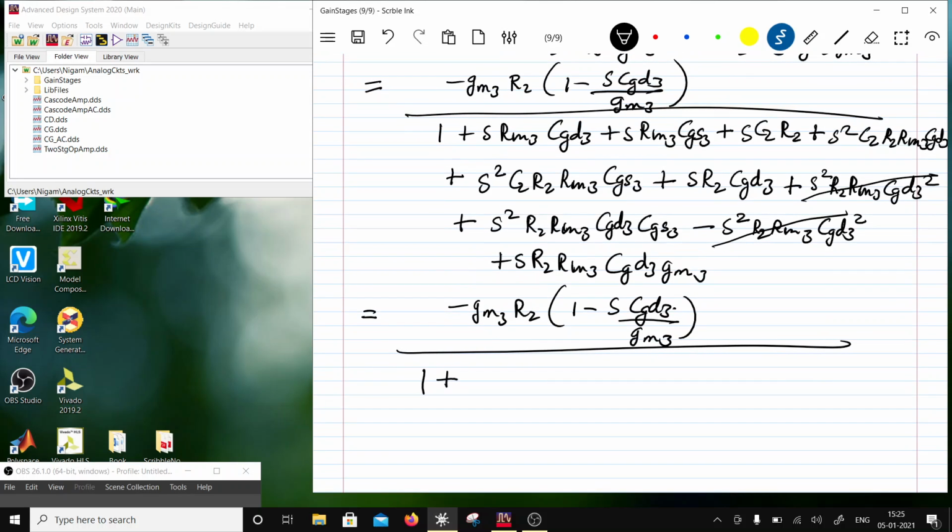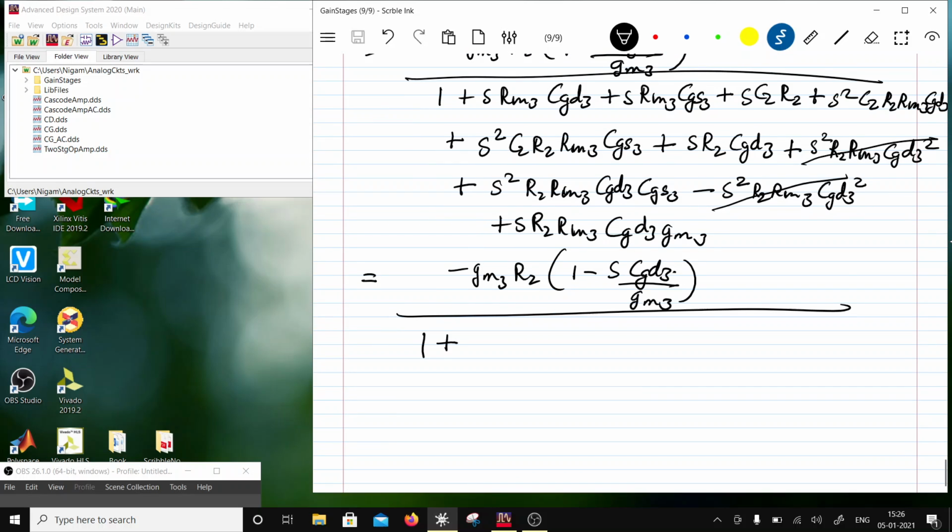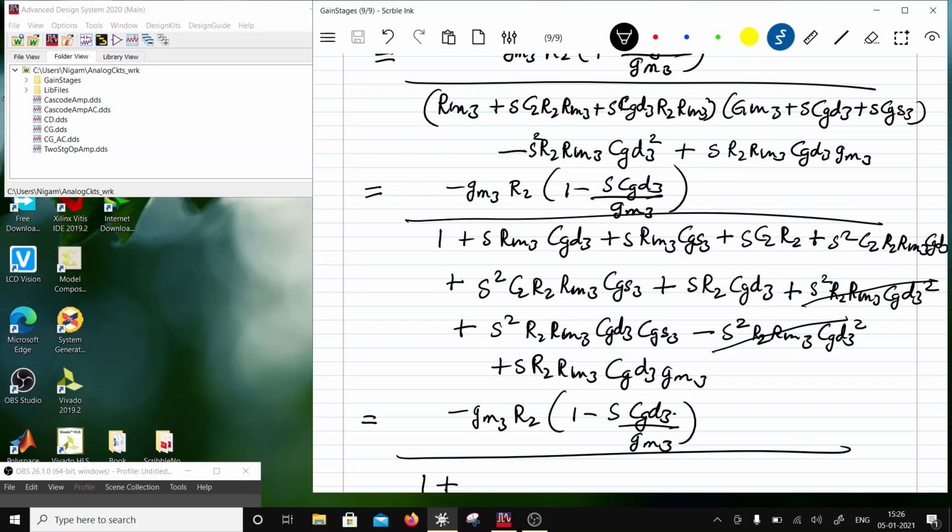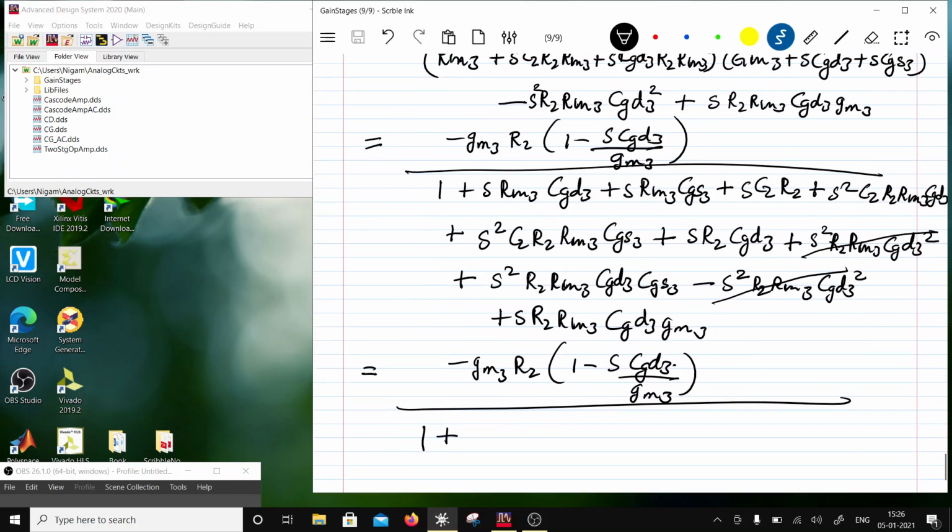So the terms of S have got Rn3, okay, S Rn3. So S Rn3, okay, R2C2 term, let me just check the second term, R2C2 Cgd3.